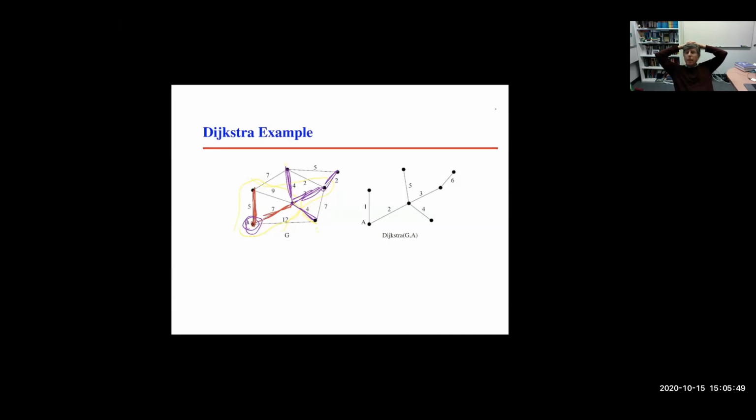Now, suppose I start the shortest path spanning tree from one vertex. This is going to give me the shortest path from A to every other node. If I instead did a shortest path spanning tree from a different node, would I find the same tree?